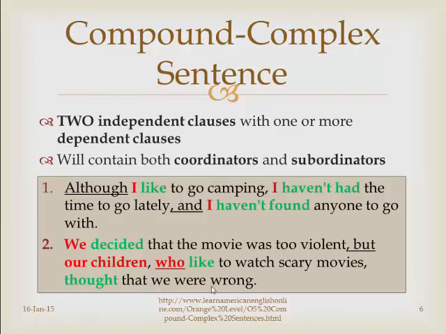And our dependent clause is actually who like to watch scary movies, with the subordinator who, a relative pronoun. So this is an example of a compound complex sentence. You have two independent clauses and one dependent clause. Yeah, that's a little bit complicated, but once you get the hang of it, it's pretty easy to see and identify.